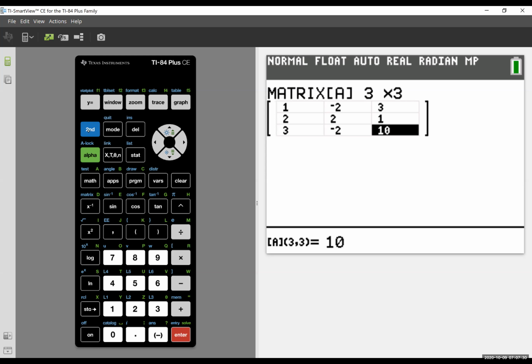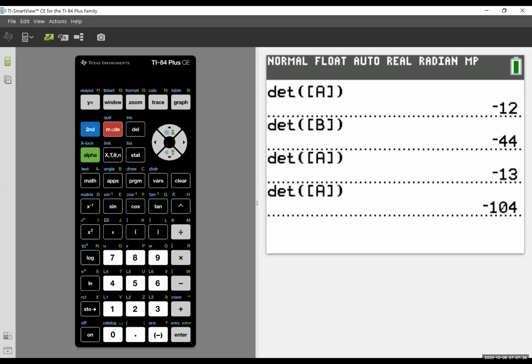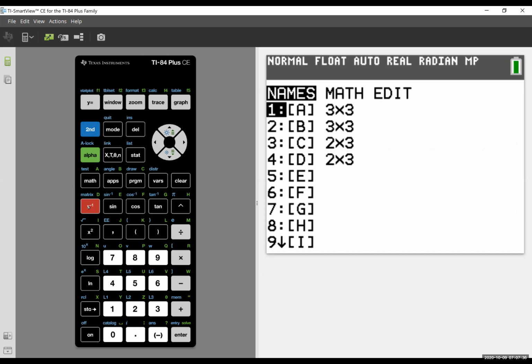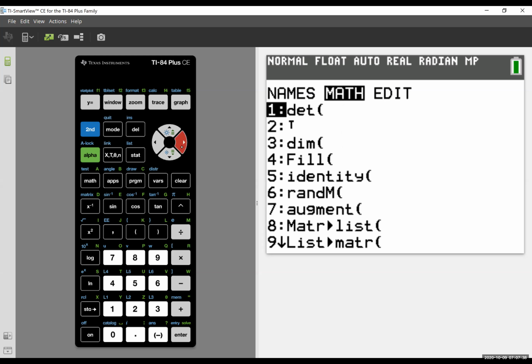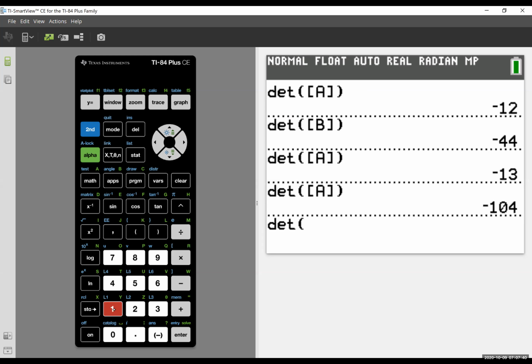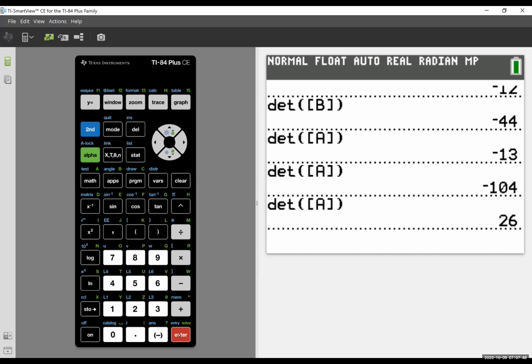So let's quit out of this screen, second mode, and call up the determinant again. Second x inverse, call up matrix math, item number 1 determinant, second x inverse, call up matrix A, and this will be the determinant with the Y column replaced, so that's equal to positive 26.